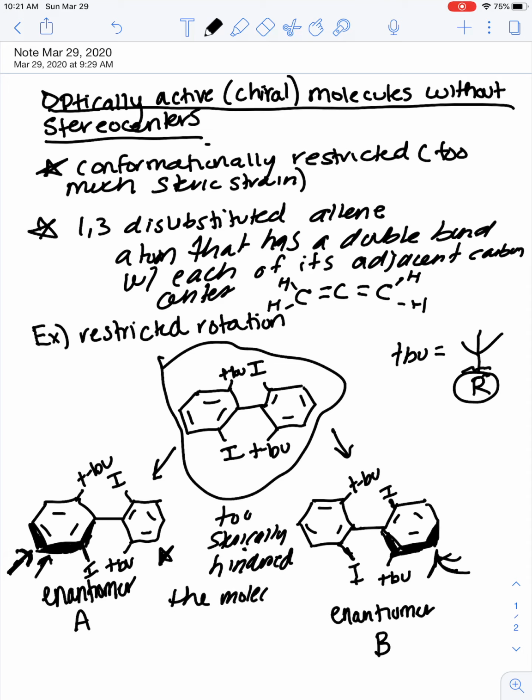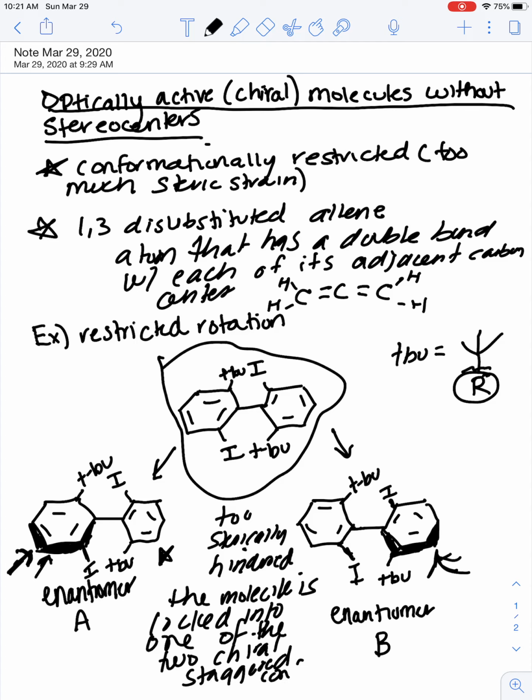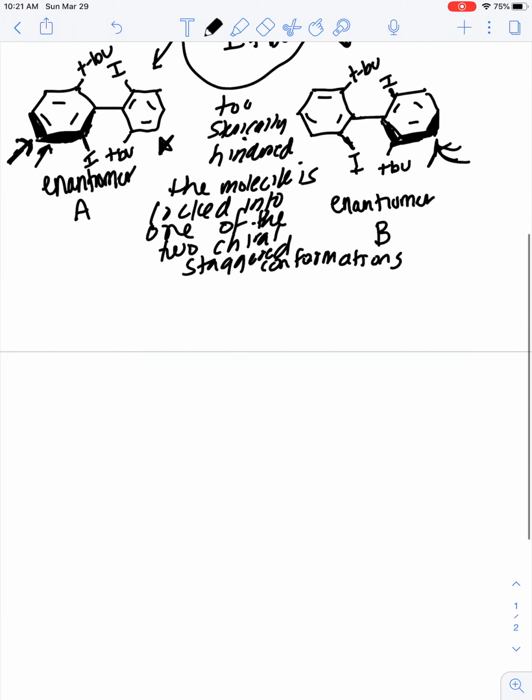So the molecule is going to be locked into one of the 2 chiral staggered conformations. Again, it has to be locked into one of these conformations just due to all of the steric hindrance associated with this molecule here.